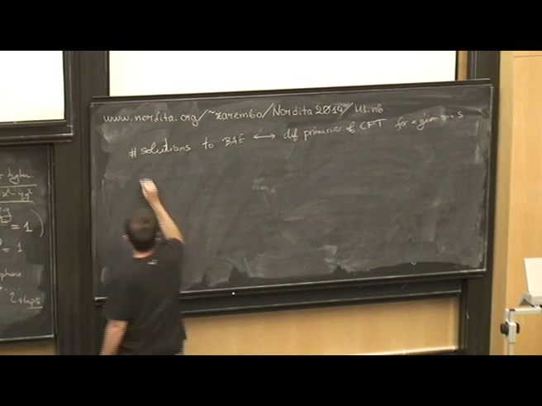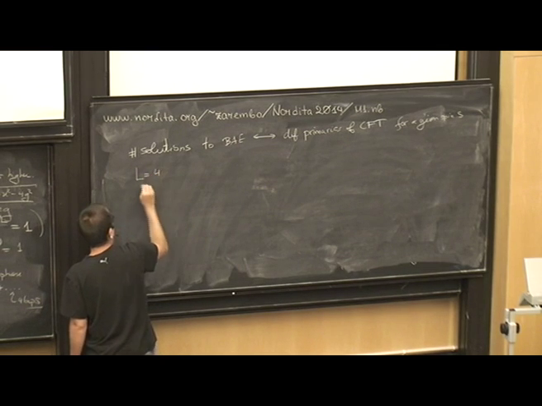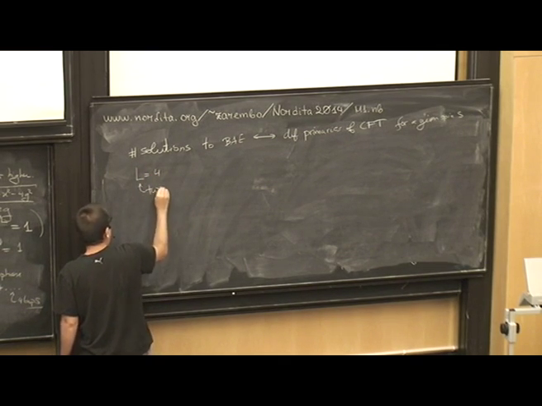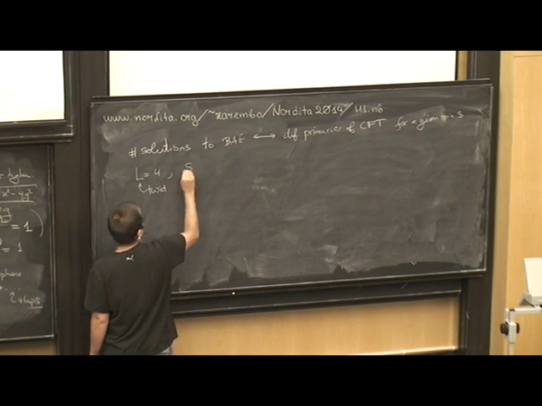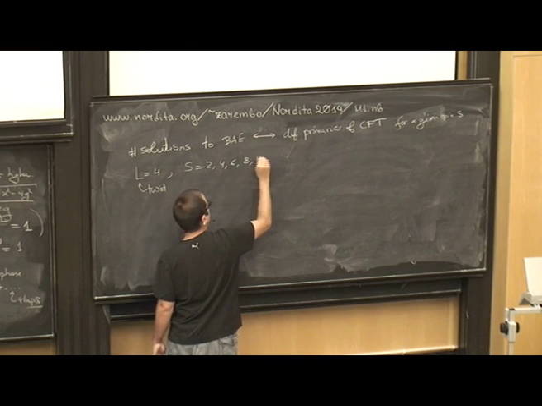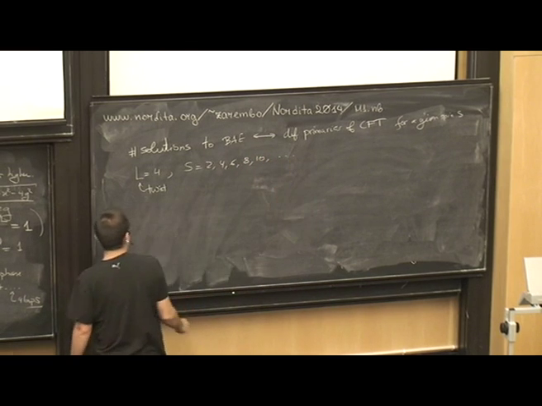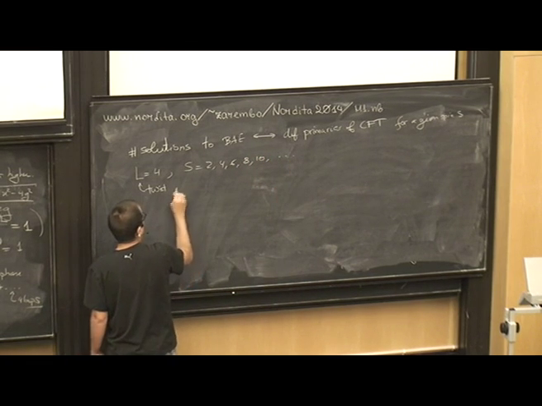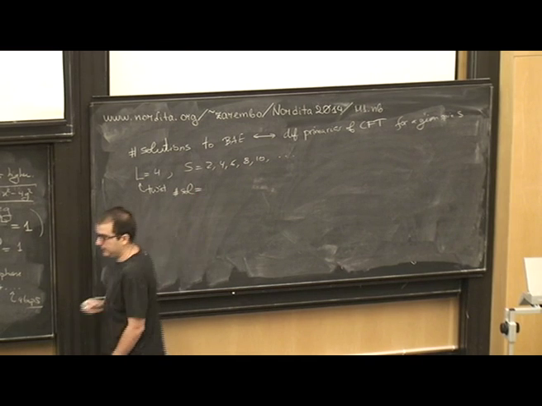So for example, for L equal 4, where this L is what we call the twist, and for spin equal 2, 4, 6, 8, 10, so let me consider even spin, the number of solutions, just so that you get an idea.